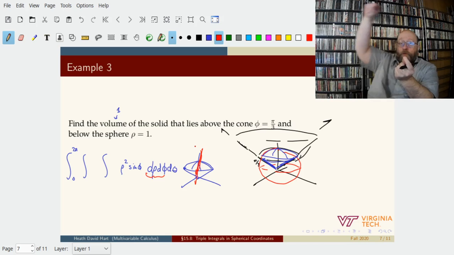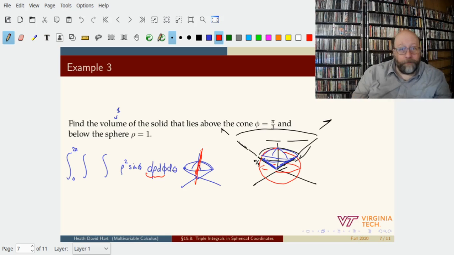It's moving down like so until we exit the shape. And so we start at an angle of 0, we keep going through the sphere, but then once we hit this edge of the cone, we stop. And so we stop at pi over 3.